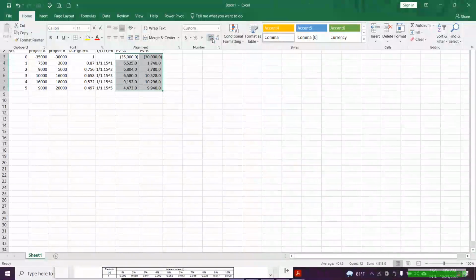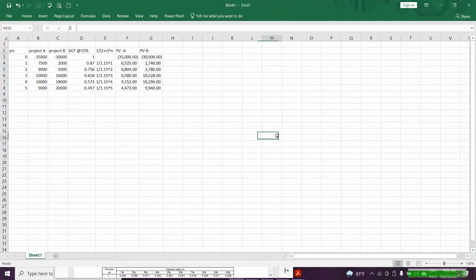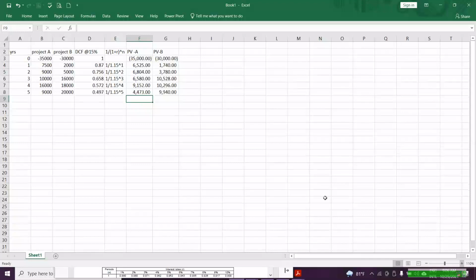Normally, we are going to put it to 2 decimal places. So we can come up with the NPV.